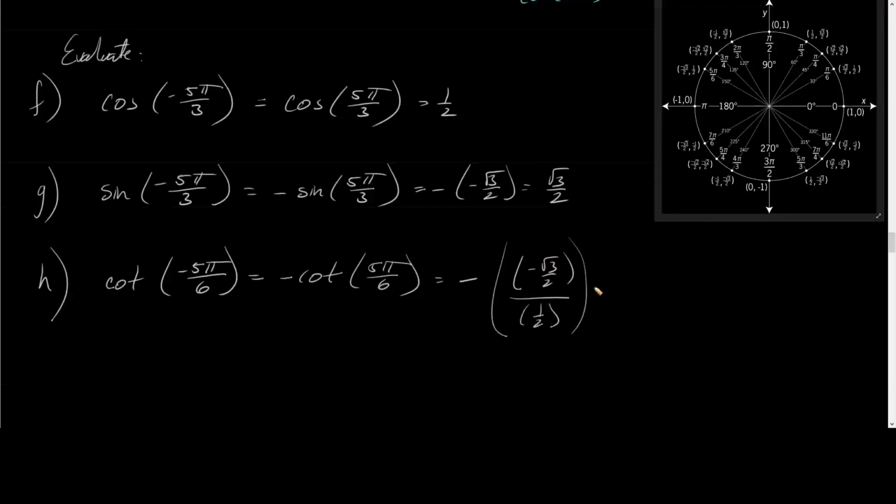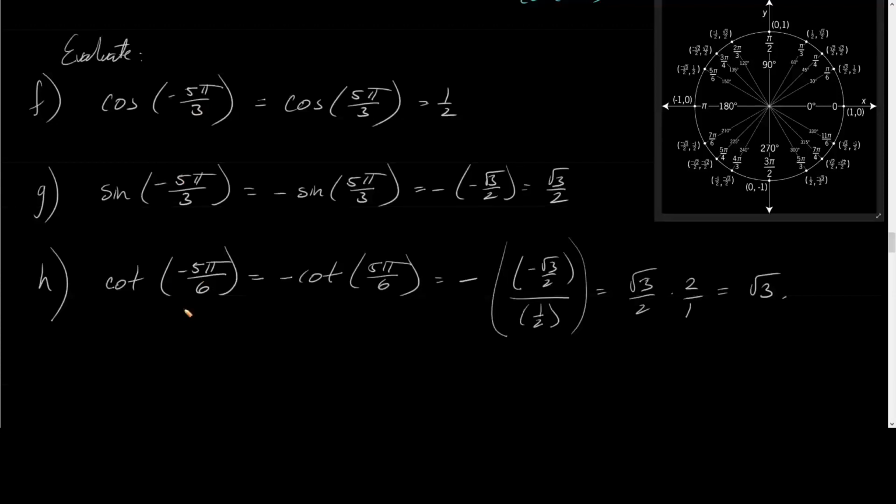Negative times a negative is positive. Here I've got a fraction divided by another fraction, so I've got radical 3 over 2 times 2 over 1, which is simply radical 3. All right. So keeping in mind whether this function is even or odd is super helpful for getting around the unit circle.